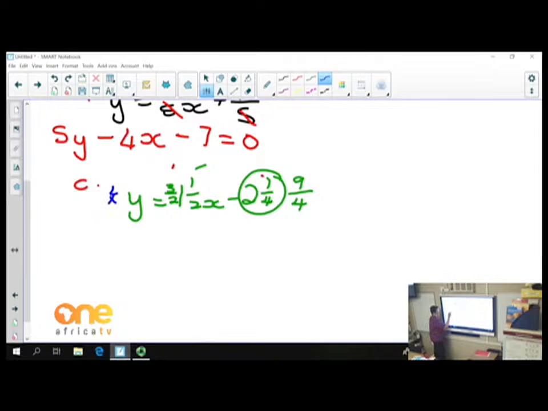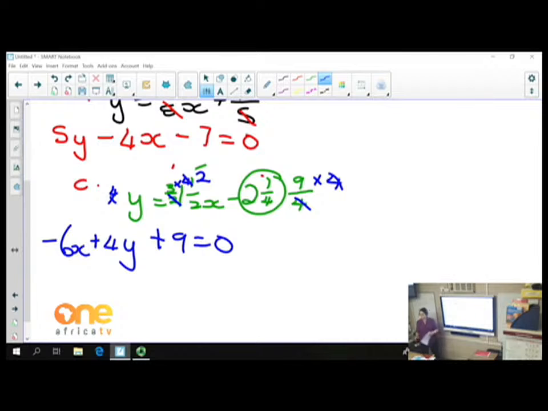So times 4, times 4, times 4, and cancel. Right, what will it be? 2 goes in 4 twice. Minus 6x plus 4y, and here, plus 9 is equal to 0. Can you see? This is how we're going to do it. Look at this, I am going to ask it like that.